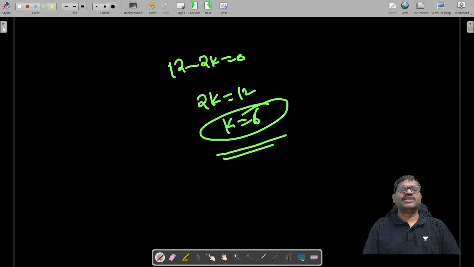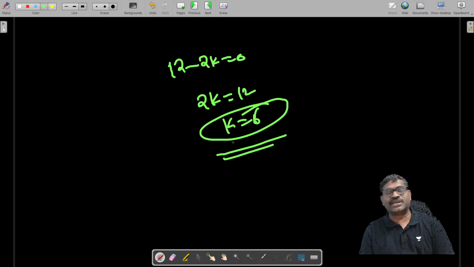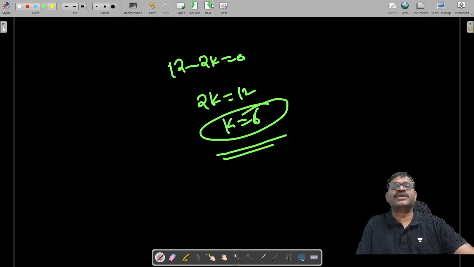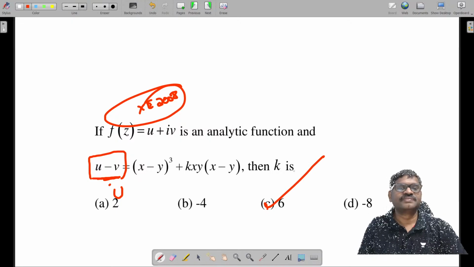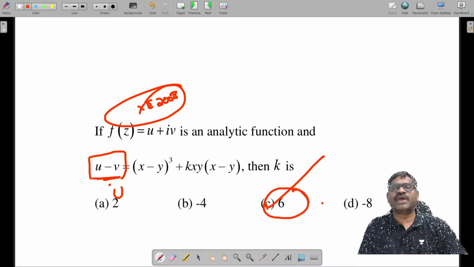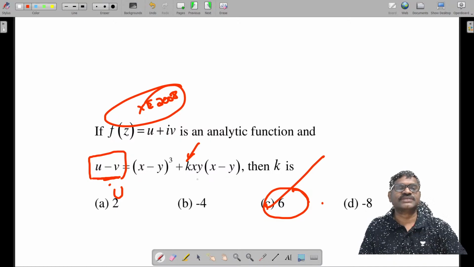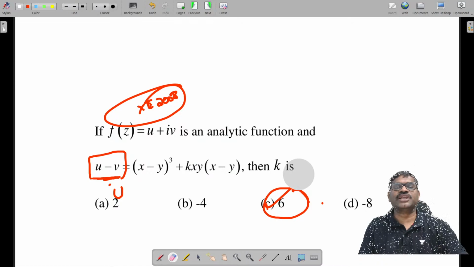Finally, the value of k is 6. When k equal to 6, the real part and imaginary part satisfies harmonic function condition. The function is analytic for k equal to 6. 6 is the correct option. Okay na? Otherwise, put k value from the options one by one, verify CR equations. That also consumes time. The best method is harmonic function only. Okay na?